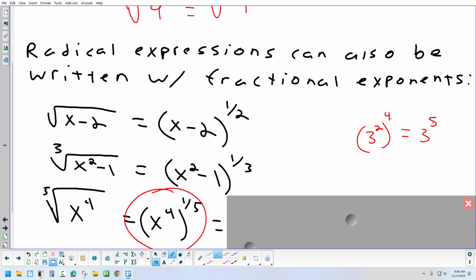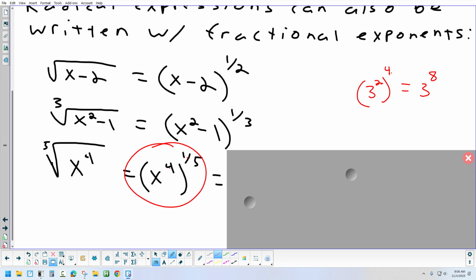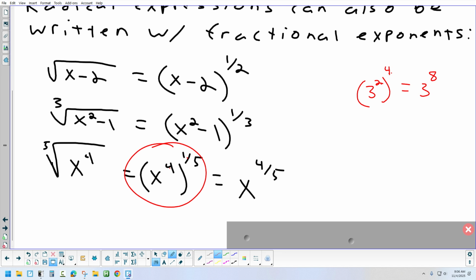You multiply them. So that would be 3 to the 8th. Okay, we can do the same thing here. What's 4 times 1/5? 4 over 5, yeah, 4/5.